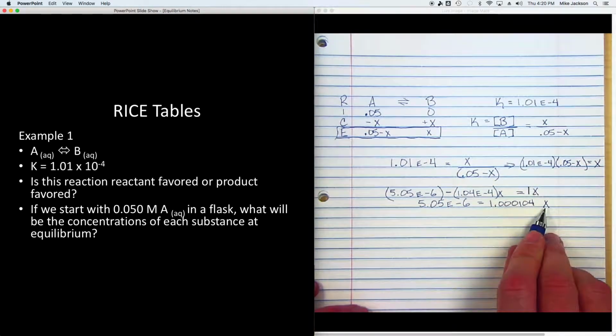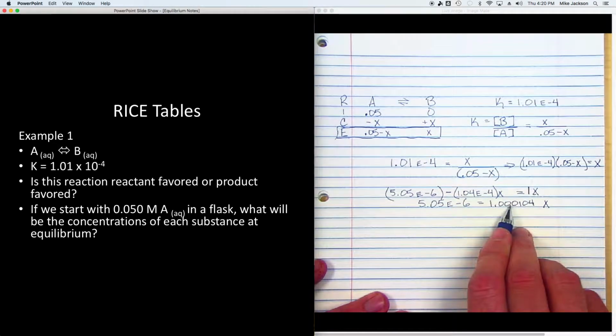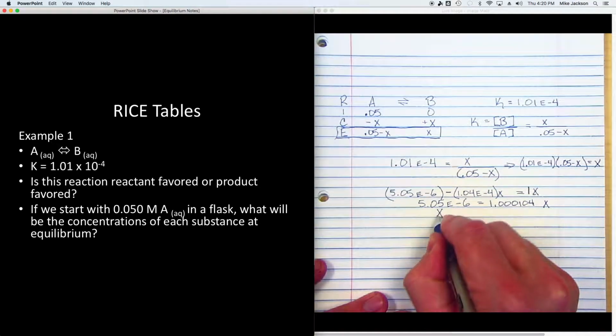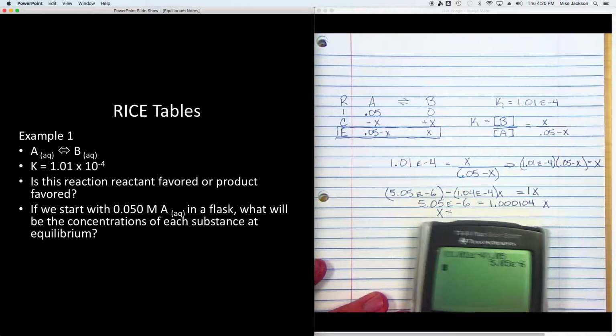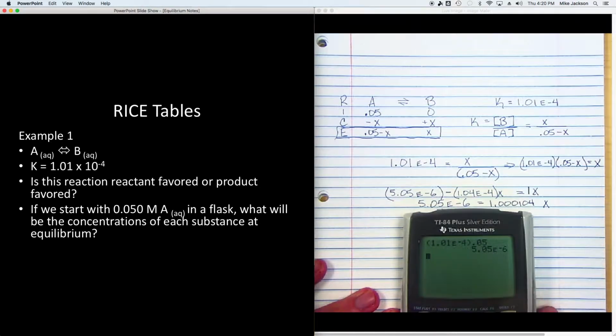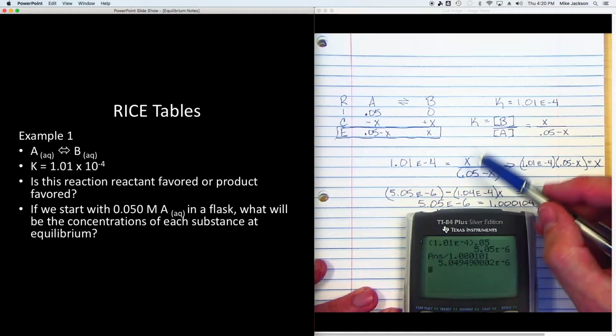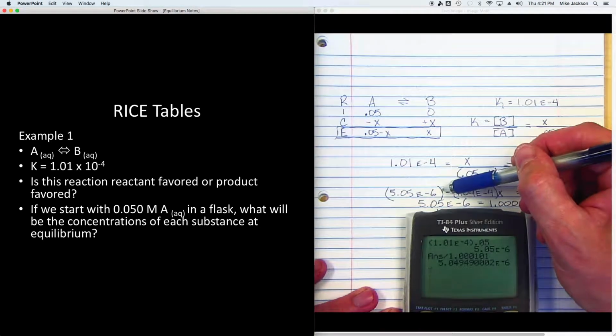So now I'll take the coefficient on this x, divide both sides by it to isolate x. So x will be our 5.05 times 10 to the minus 6 divided by 1.000101. I end up with 5.05 times 10 to the minus 6, which you'll notice is awfully close to this right here.